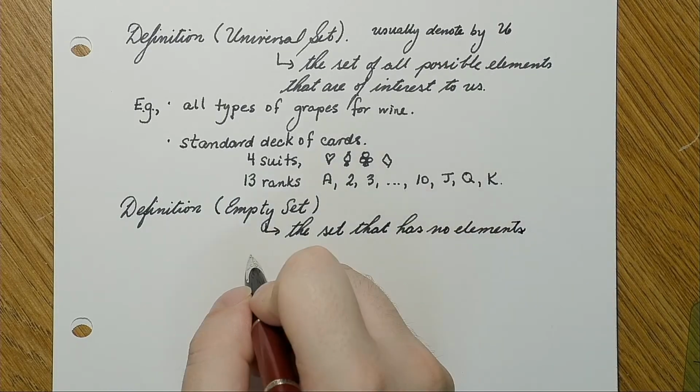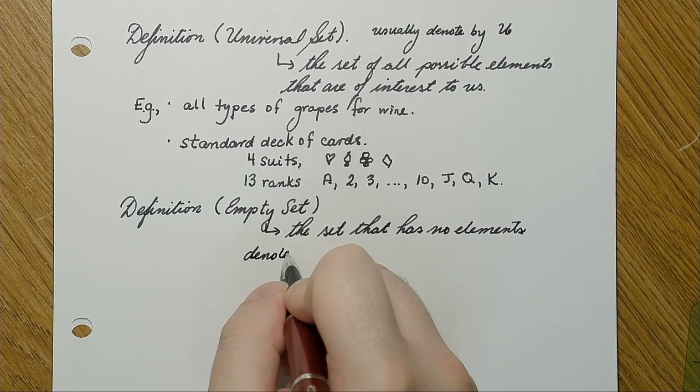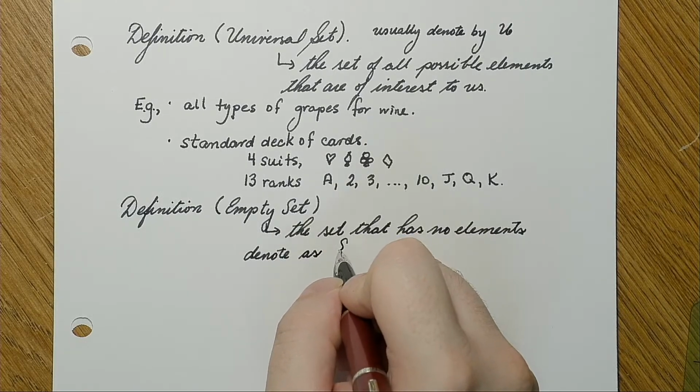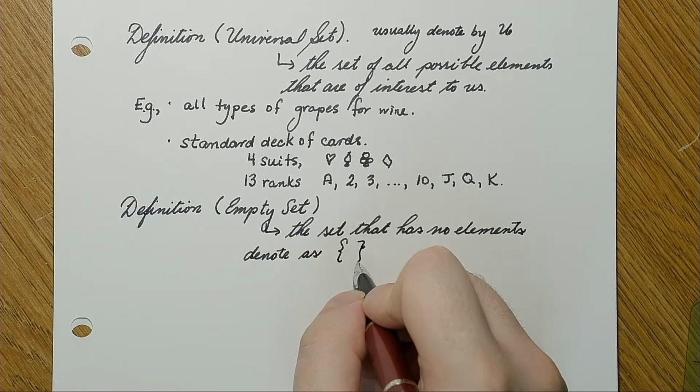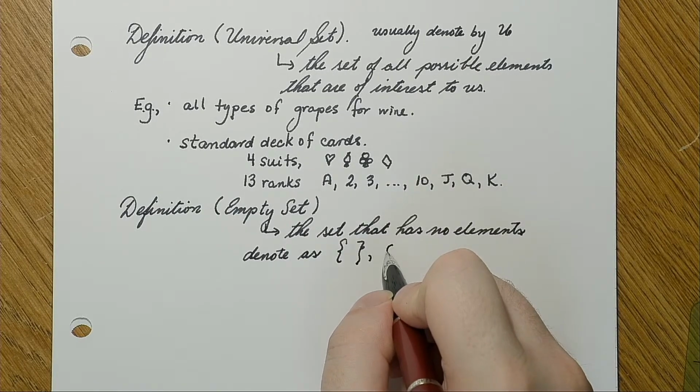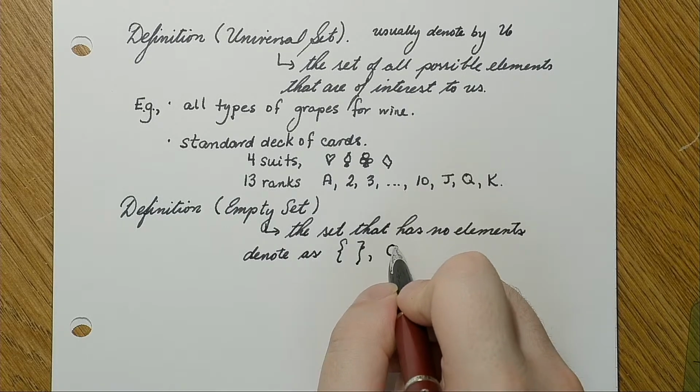Okay, and we can denote this as a set of empty brackets, or you can also write it with a circle with a line through it.